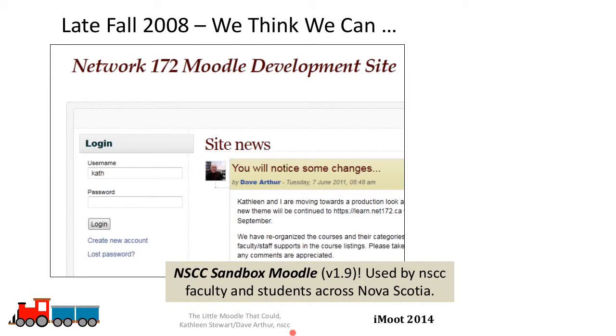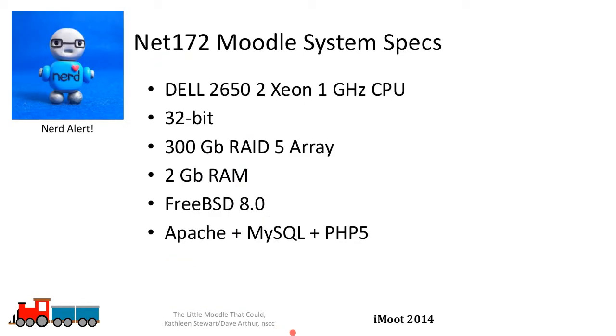So there are the specs for what Dave had for his Moodle when he had it running in the sandbox, the first one that we had running. It was just one box. It was a Dell. We had 300 gigabytes, and we're using FreeBSD, Apache, MySQL, and PHP.